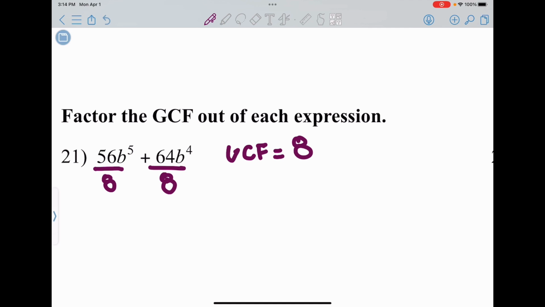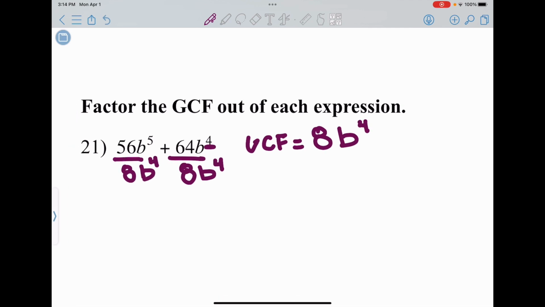But notice how both terms also have some b's in common. I want to know how many b's I can take out from each term. So you always look for the smallest exponent because both terms need to cross out the same number of b's, and so you have to look at the smallest exponent to determine how many you can take out from both of them. So each term can cross off 4 b's from their total.